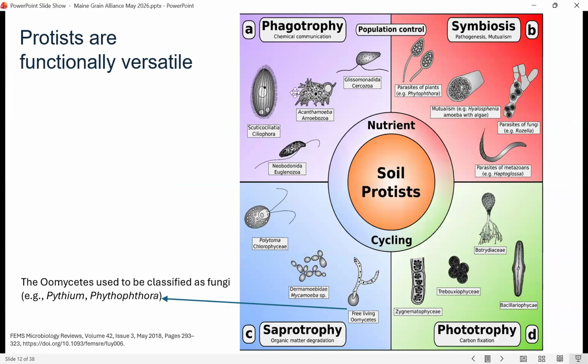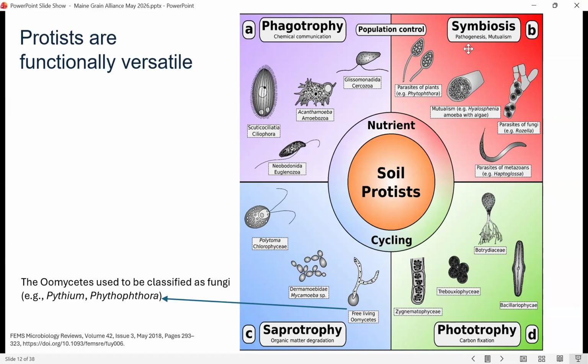Then we have protists. There's four major categories of protists. Illustrated here, we've got those that are called the phagotrophs, and these are feeding on other microfauna and interacting. There's the other class of symbiotic ones.